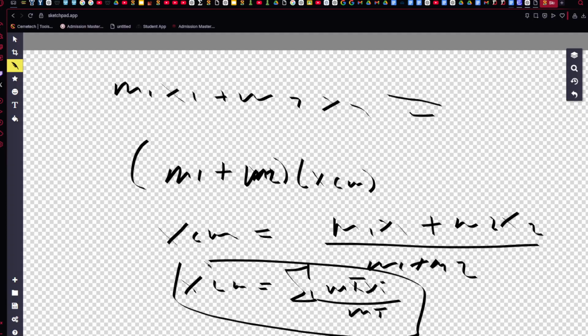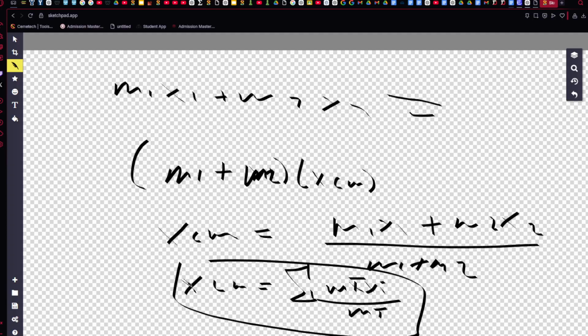I guess we'll use it for torque. I just really don't know why we learned this in physics, but this is the center of mass. I guess we'll use it for torque, which is also pretty intuitive.